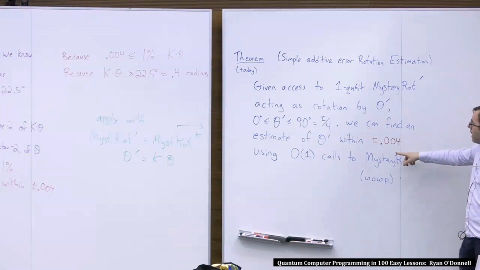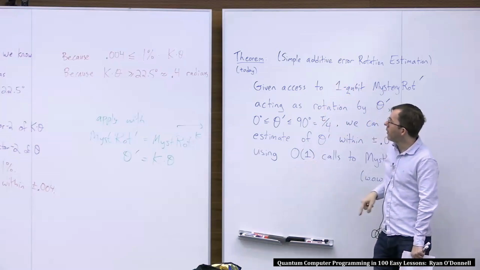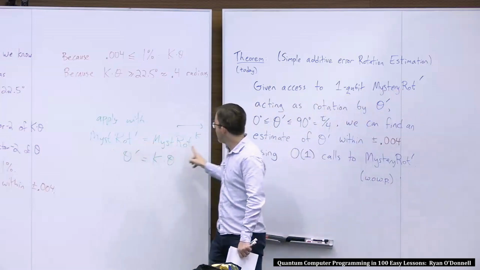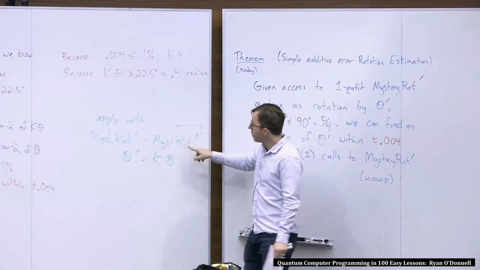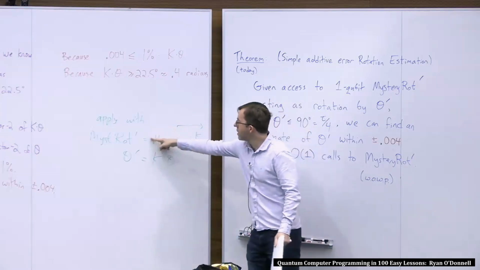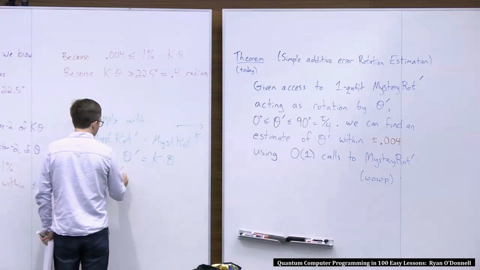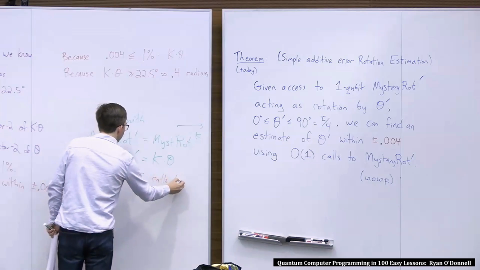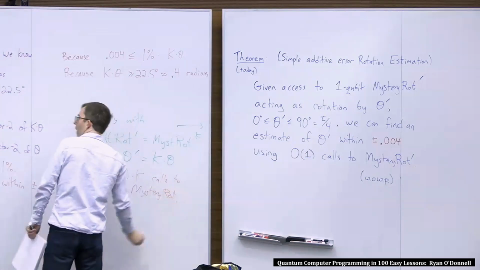And then we're in good shape because this final estimator will make constantly many calls to mystery rot prime. Mystery rot prime over here is mystery rotation to the power of k. That means doing this mystery rotation k times. So overall, we'll call this constantly many times. And so we'll get constantly many times k calls to the original thing that we really wanted to work on over here.